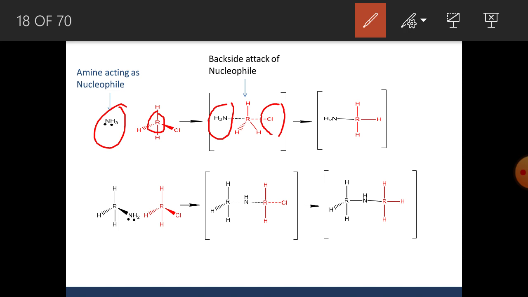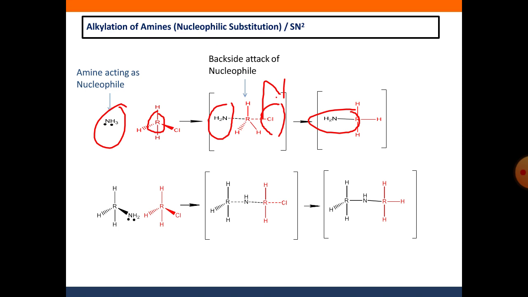The N-R bond is not yet formed, and the C-Cl bond is not yet broken. So it has a pentavalent state. After this, Cl minus gets removed, this bond breaks and the new bond gets formed, and it is converted into amine. So it is the same as an SN2 reaction.